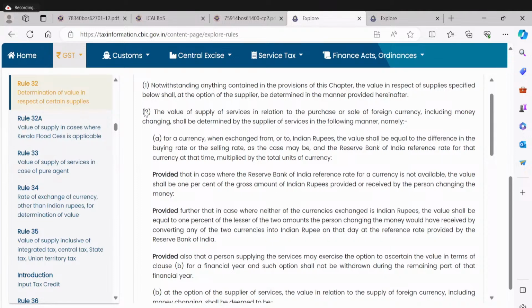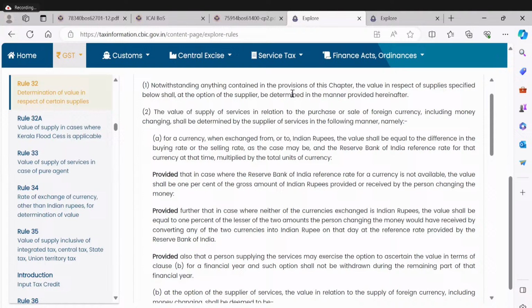Okay. Now, because there is a special provision for determining the value of supply of services of purchase or sale of foreign currency, we will be determining the value from Rule 32 2A, and after that, we'll determine the GST payable.